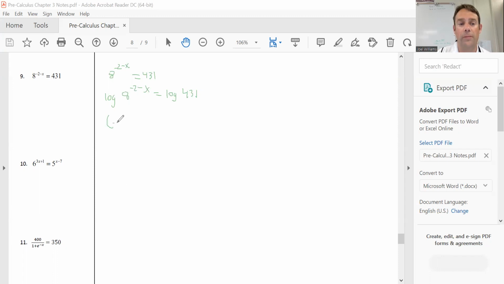Exponent goes in front. So when I divide both sides by log 8, I get negative 2 minus x equals log 431 divided by log of 8.